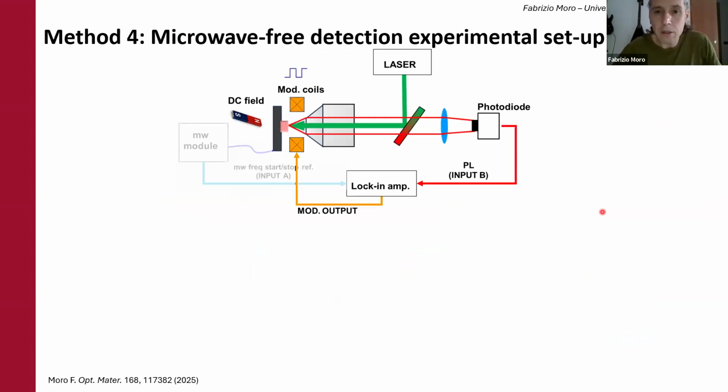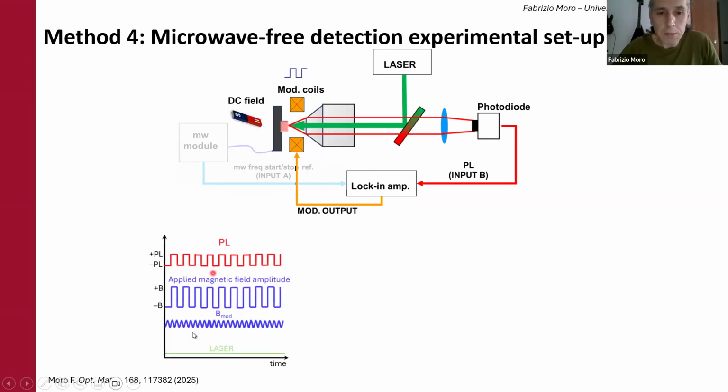So the experimental setup that I've used for lock-in detection in method 4 is essentially the same as for the previous method, with the only difference that we don't use the microwave module and the microstrip line. And the protocol consists of applying a constant laser signal. Then we use a modulating field at high frequency, like 1 kilohertz, but small amplitude.